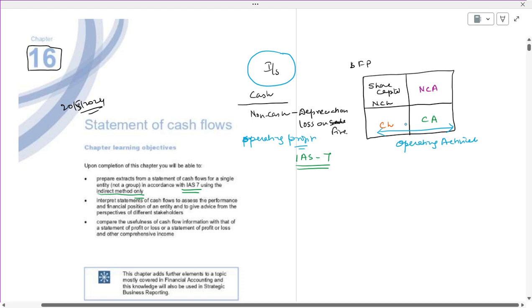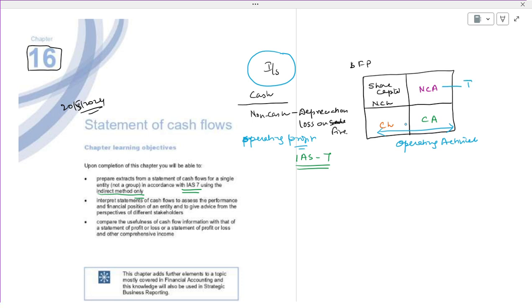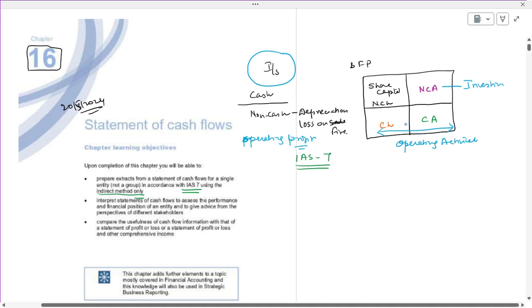Subsequently, it is a simple format with only mathematical concepts. Investing activities relate to non-current assets.